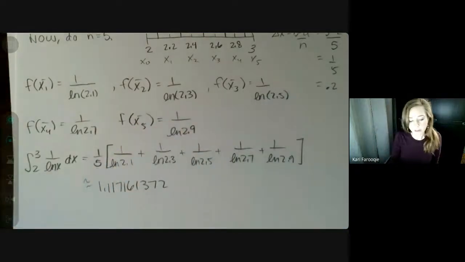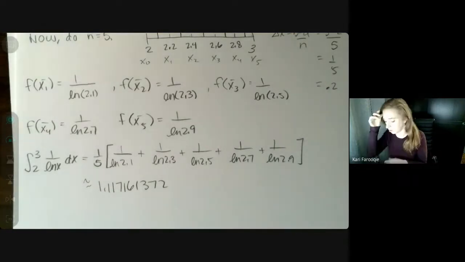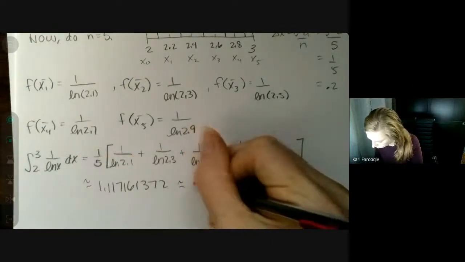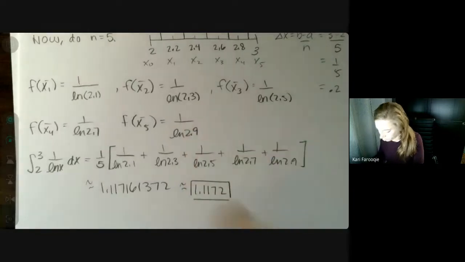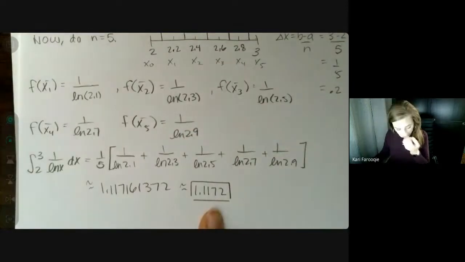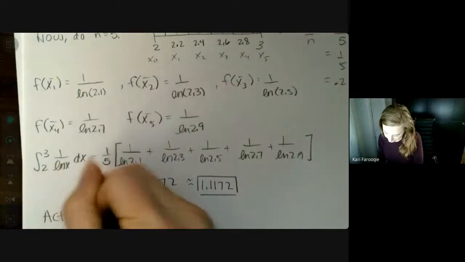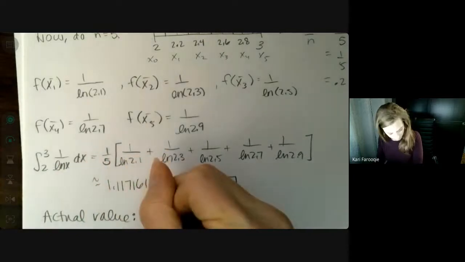Now, remember that when n equals 5, you're dividing this into more rectangles, so you're going to get a closer approximation to your actual solution. If you were to round this to 4 decimal places, you'd be getting 1.1172. This is actually going to be closer to the value of the integral, which I found the actual value of before class.